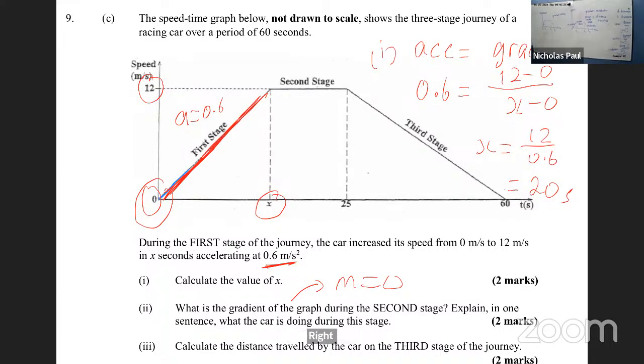Sorry, don't say object, it's a car. The car is moving with constant velocity, or no acceleration. Both of them mean the same thing.